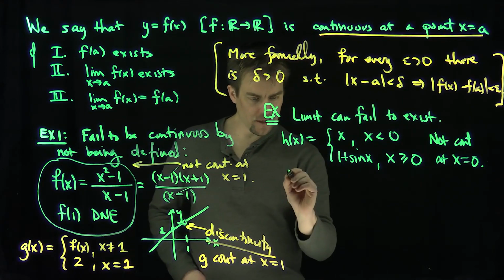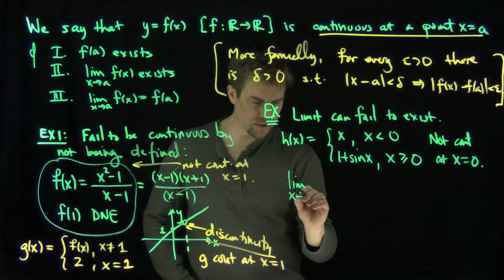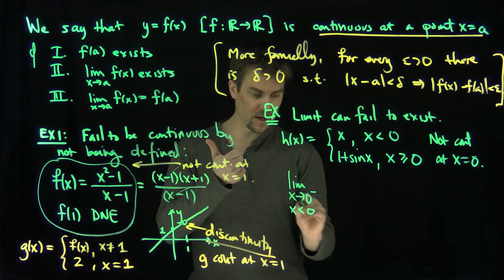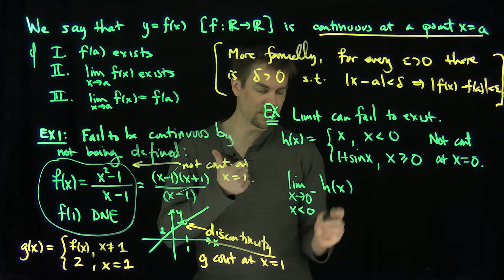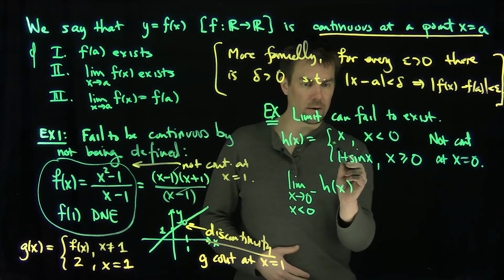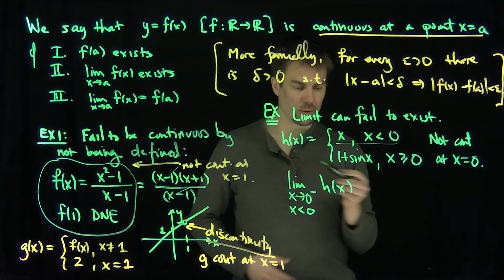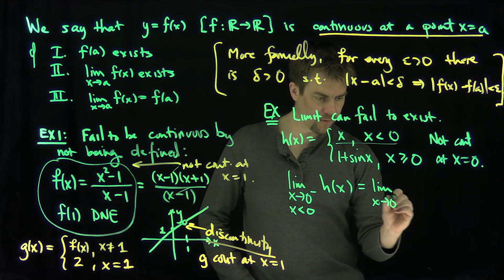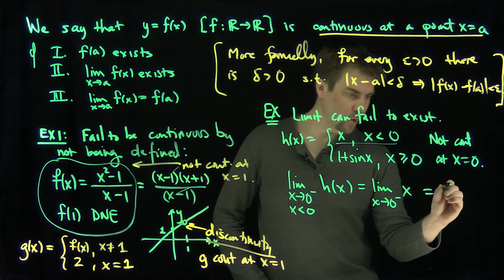Well, let's compute the limit as x goes to 0 from the left, which means x is less than 0, of this function h of x. If you're less than 0, the value of your function h of x is just equal to x. So this is just the limit as x goes to 0 from the left of x, which we know to be equal to 0.